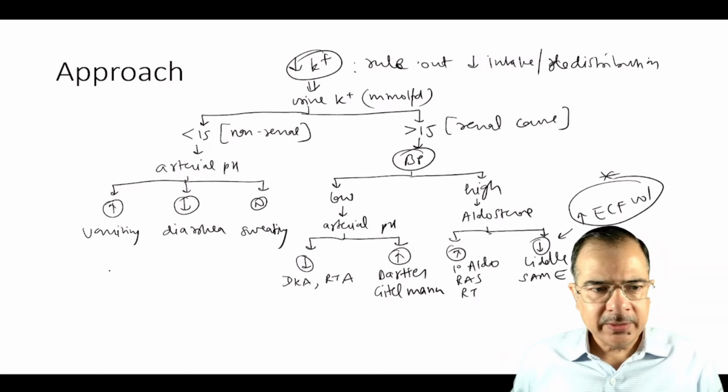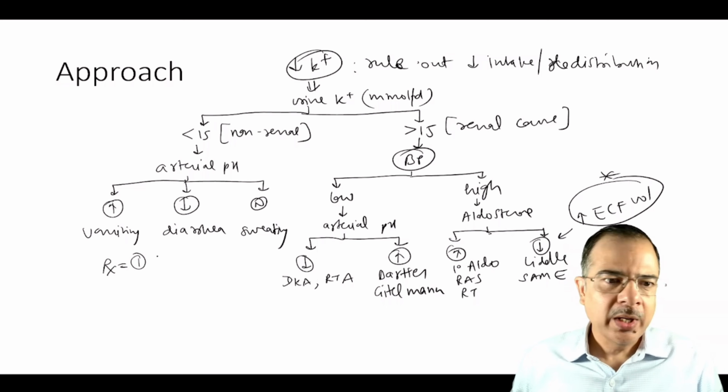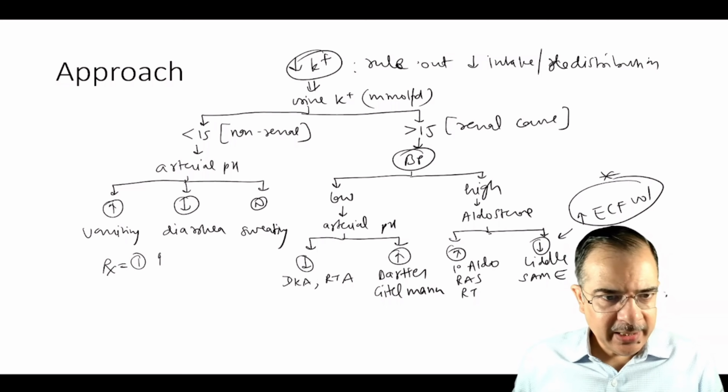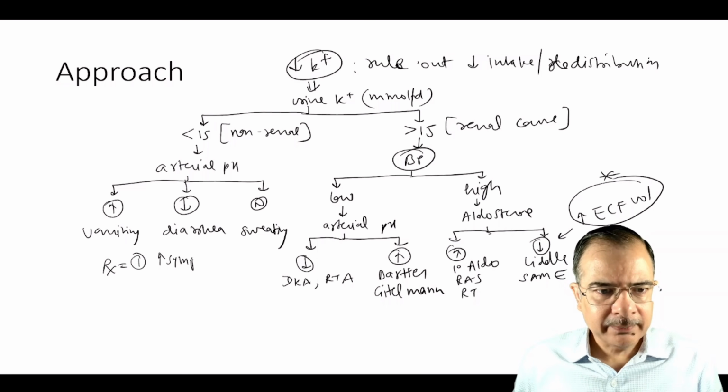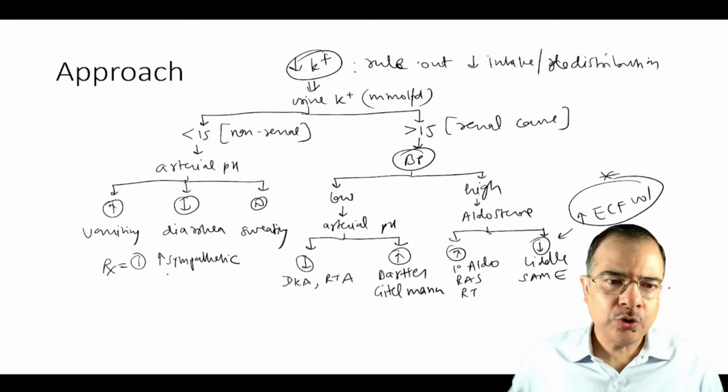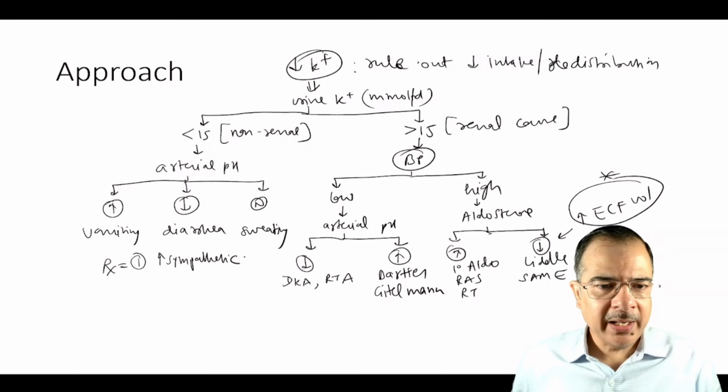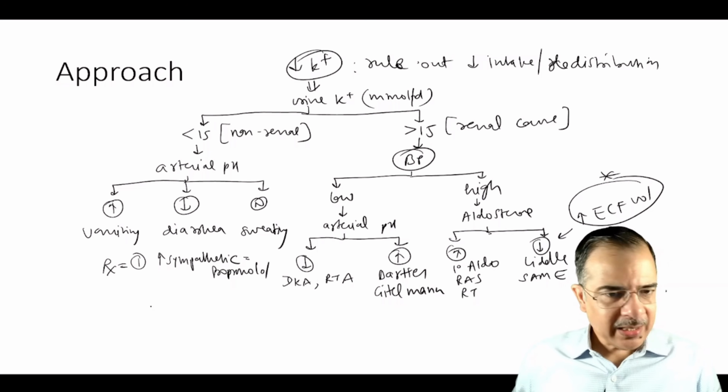So the treatment options. If low potassium is due to increased sympathetic activity, like beta agonist or thyrotoxicosis, here you give propranolol. If it is due to increased sympathetic stimulation.